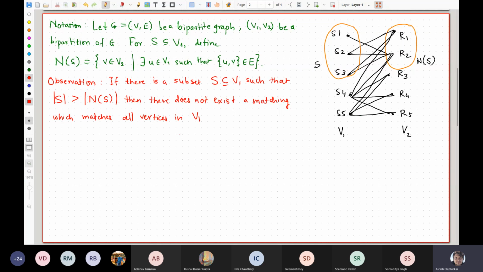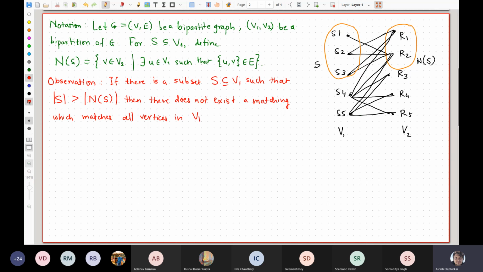Obviously you can flip this condition around and say that if there is a subset S of V2 such that its neighborhood is strictly smaller than itself, then there does not exist a matching which matches all vertices in V2. So you can just flip the argument around. But let's just worry about the one-sided argument.